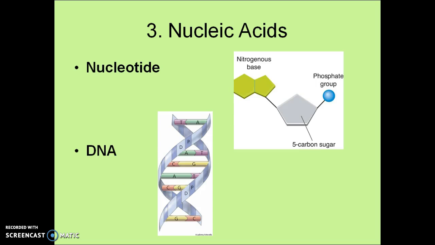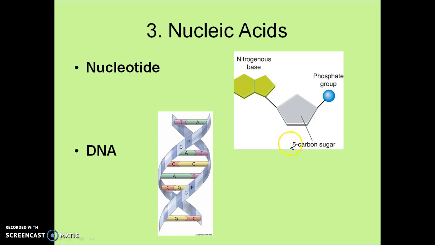Okay. So here we're showing you the structure of a nucleotide, which is the monomer for a nucleic acid. It consists of a nitrogenous base, which is shown right here as a little double ring structure. Nitrogenous just means it contains nitrogen. Then we have a 5-carbon sugar. I know that this pentagon is the 5-carbon sugar because it has 5 sides and 5 points.